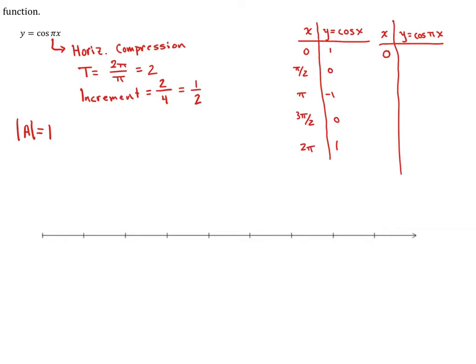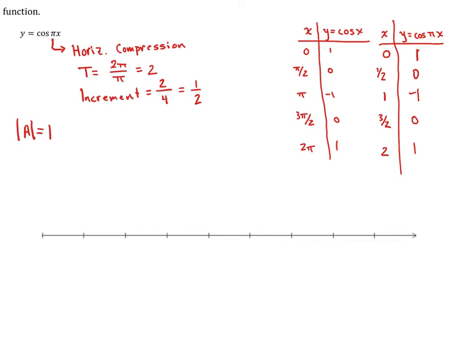But now we have compressed, so our increment is 1/2. So we can add 1/2 to our beginning value of 0. So 1/2, 1/2 plus another half is 1, 3/2, 2. And with the cosine function, we start off the line of oscillation, and we start above, then we go to the line of oscillation, down, back to the line of oscillation, and back to where we began.